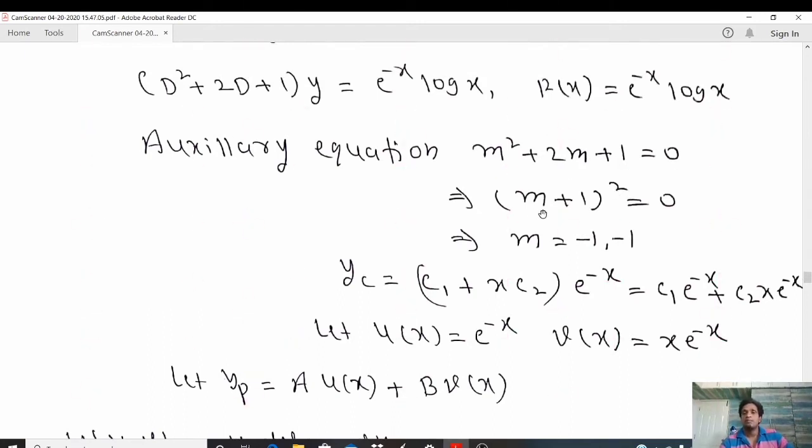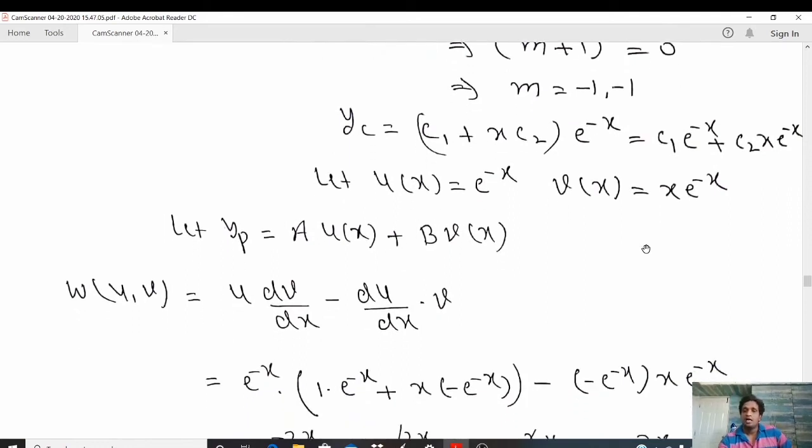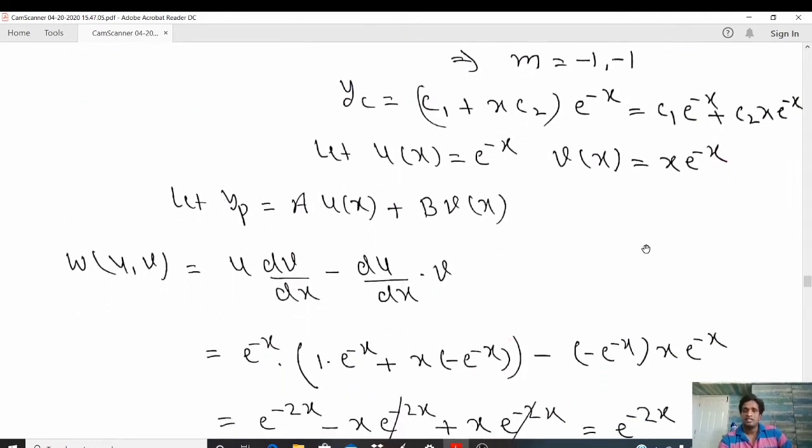It becomes m plus 1 whole square equal to 0. M is equal to minus 1, minus 1, repeating twice. So to write the complementary function yc, the roots are real and repeated. So the solution will be c1 plus x c2 into e power minus x. That is c1 e power minus x plus c2 x e power minus x.